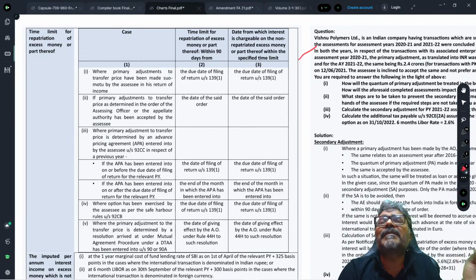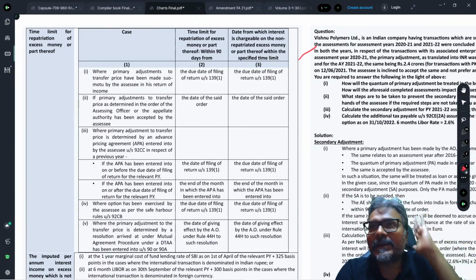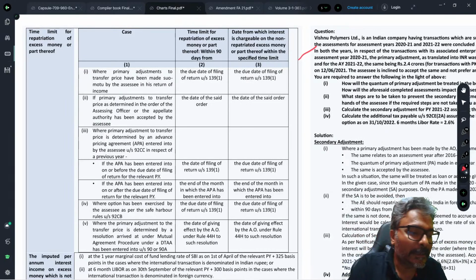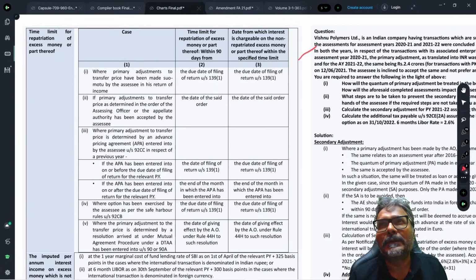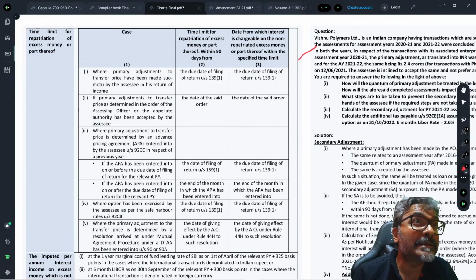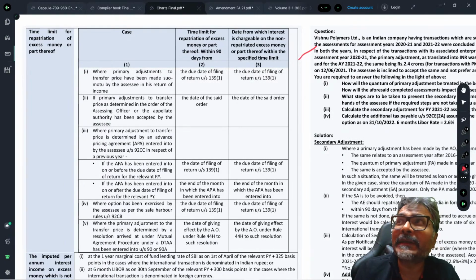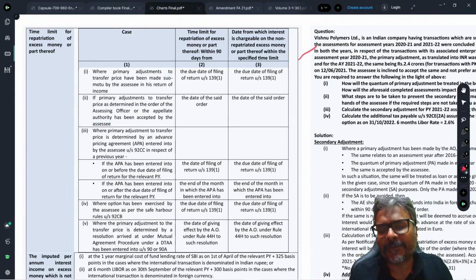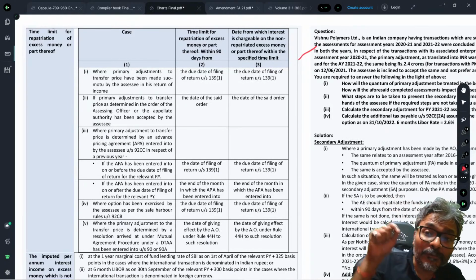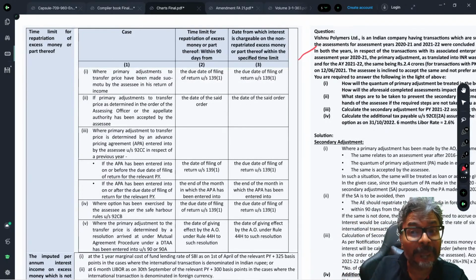Or the interest will be calculated from the relevant date itself. The answer is the interest will be calculated from the relevant date itself.